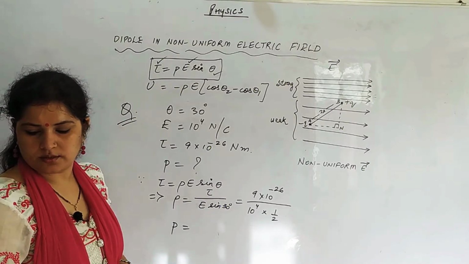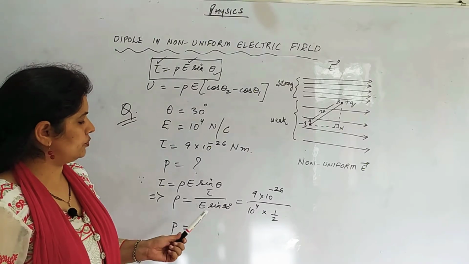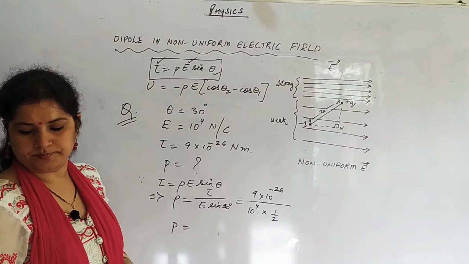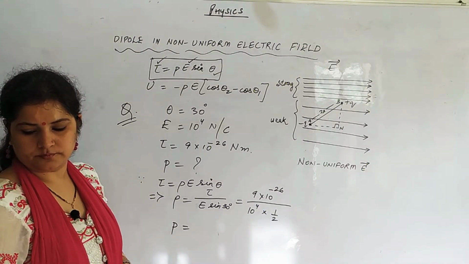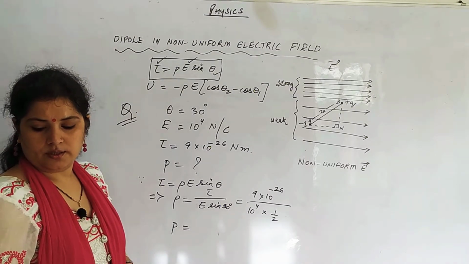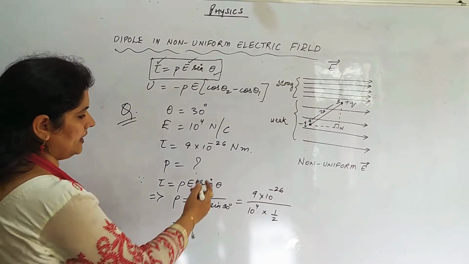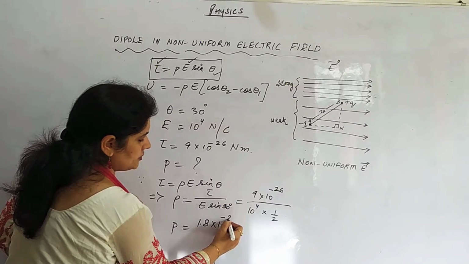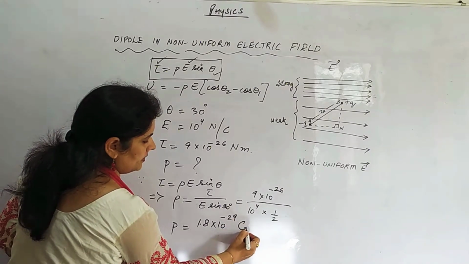A slight mistake, as the answer was sent by some student. Please correct it, do the correct calculations and solve it properly. After solving, we get the final answer as 1.8 into 10 raised to power minus 29 coulomb meter.